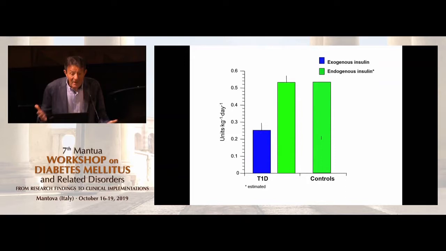However, when we calculated the total amount of endogenous insulin, expressed in the same units, that was released by these people over a period of 24 hours, and there are some approximations here, we had to make some assumptions, and compared that with the control group, we came up with a number that is incredibly similar.